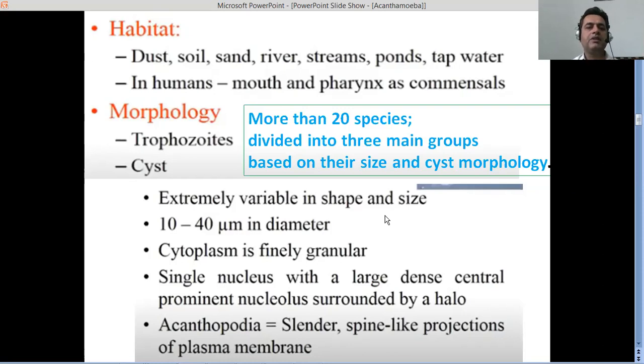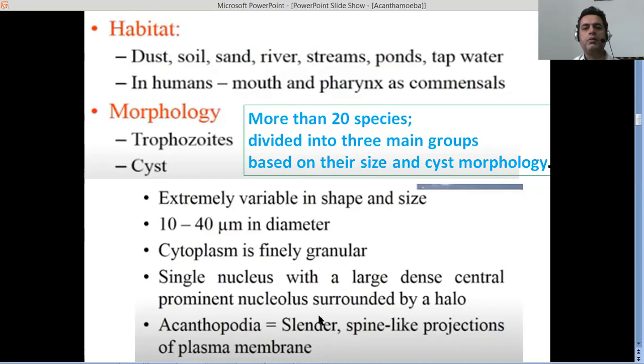So it keeps on changing. It has variable shapes, and its diameter ranges from 10 to 40 micrometers. The cytoplasm of the trophozoite is finely granular, and there is a single nucleus with a large, dense, central prominent nucleolus surrounded by a halo.